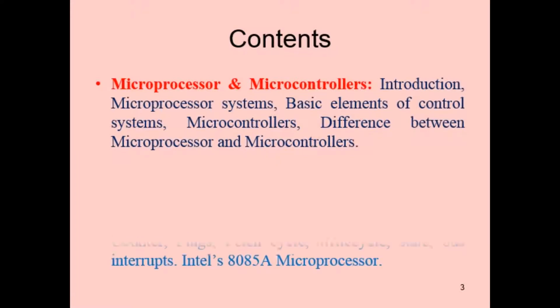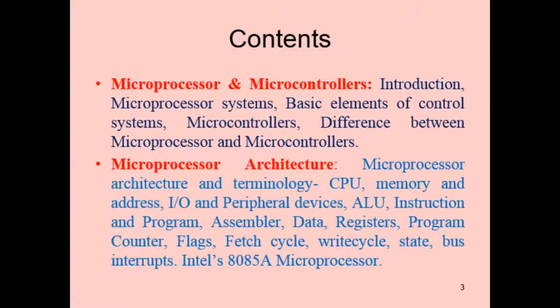The next part is the microprocessor architecture. The microprocessor architecture terminologies like what is CPU, the central processing unit, then memory and address, input, output and peripheral devices, ALU, which stands for arithmetic and logic unit, instruction and program.